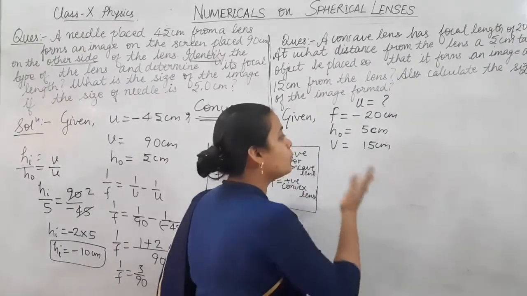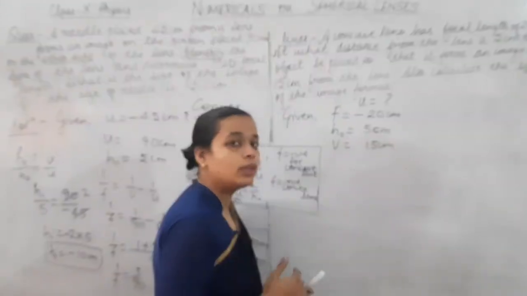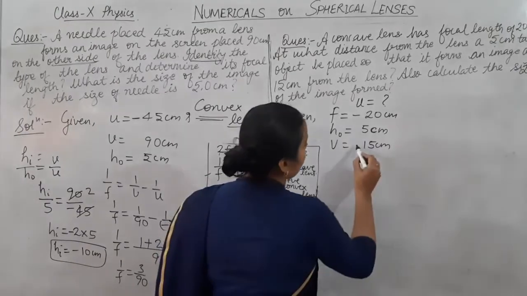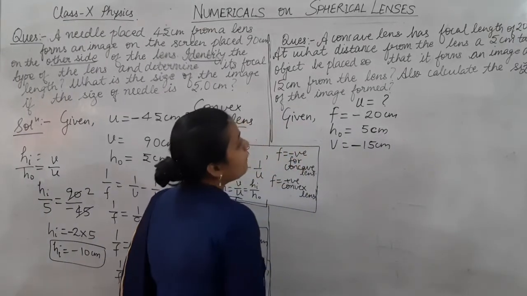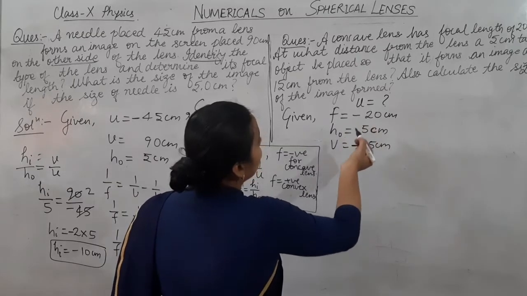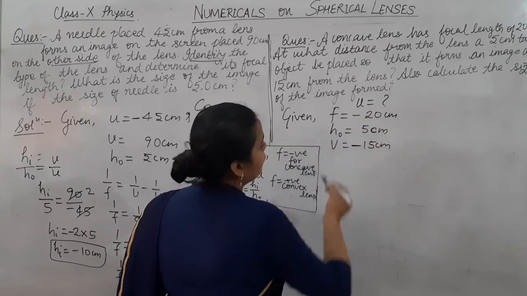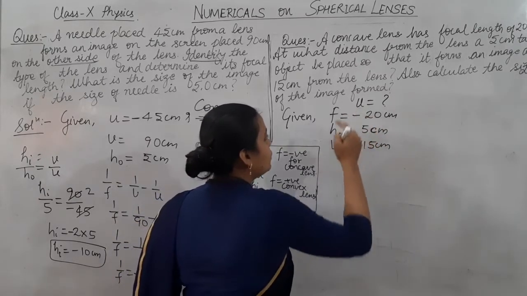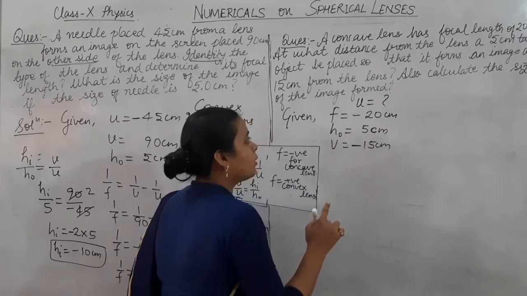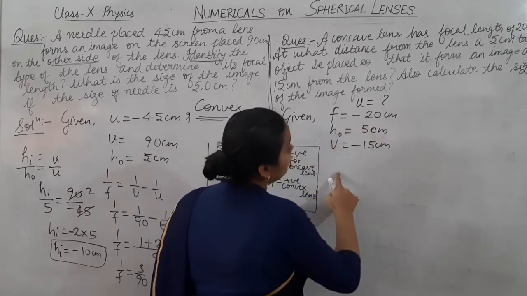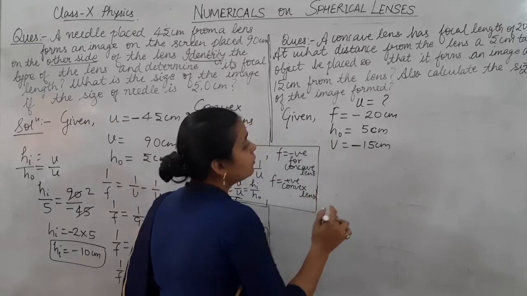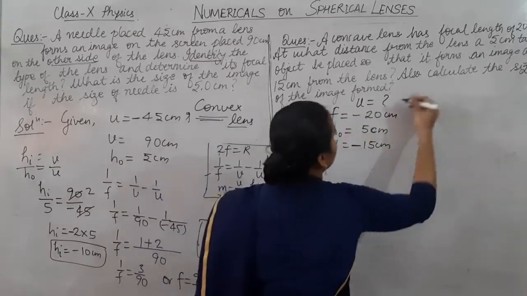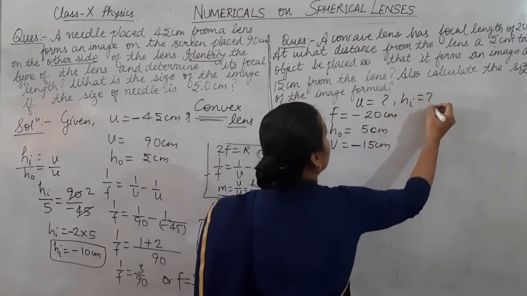It will be formed on the left side, on the same side of the lens. That's why it will be negative. This much data is sufficient to find the value of U, and once we find the value, we will be able to find the height of the image also.